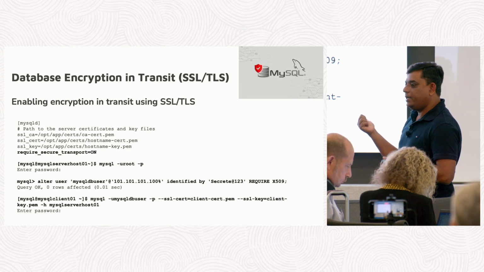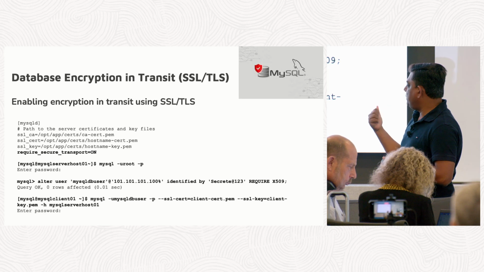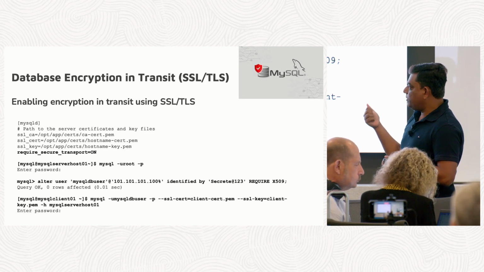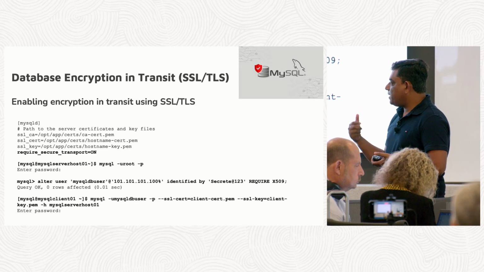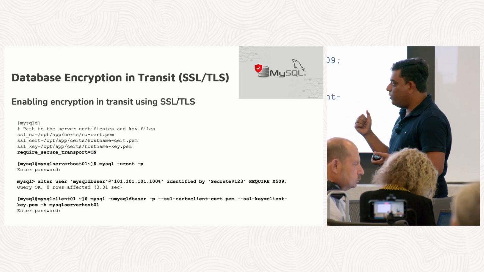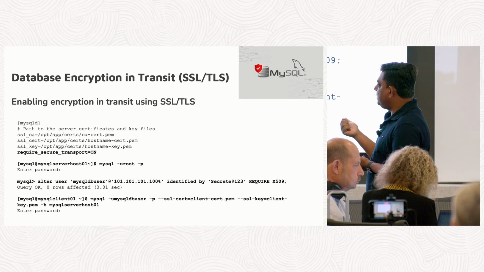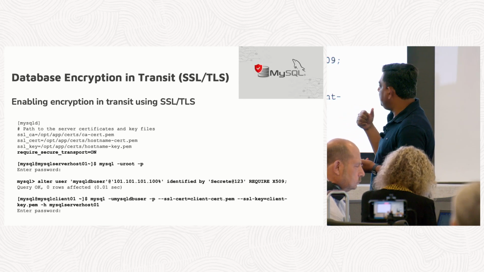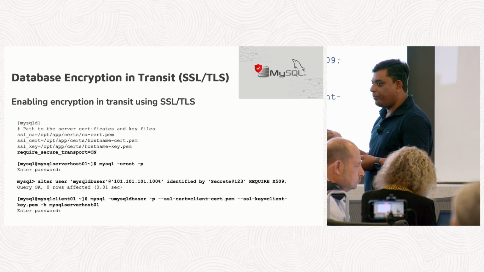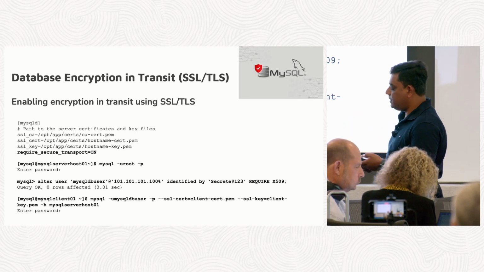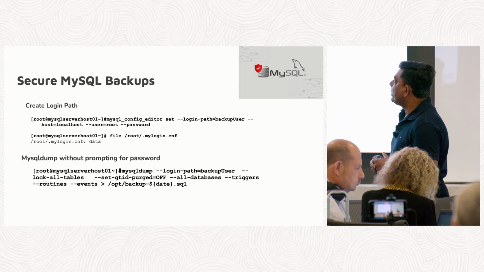Then you need to generate a certificate and use it in your MySQL my.cnf file, and you pass the same certificates to your client so that clients can make a connection using the certificate. It also works as an authentication method. You can use SSL authentication, where you don't need to provide a user. But this is very, very critical, implementing TLS and SSL in the database world.